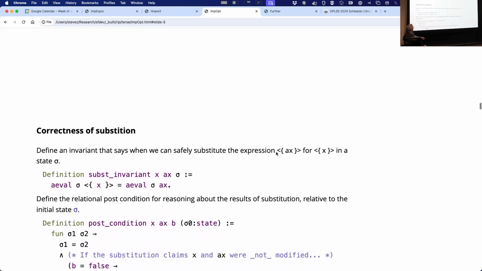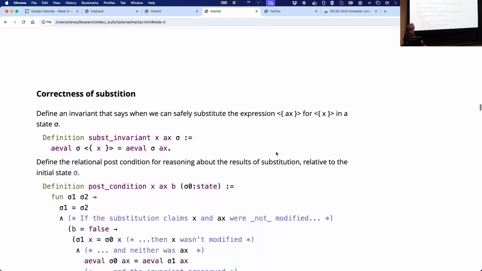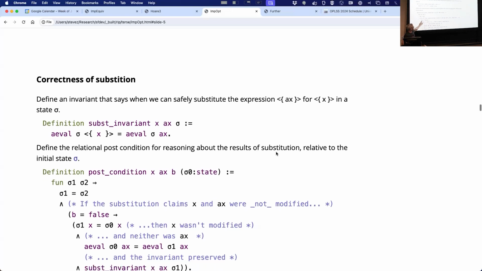The precondition says that x and the thing we're substituting have the same semantics. The postcondition says that if our analysis asserted that x and ax were unmodified, well, that better be true.